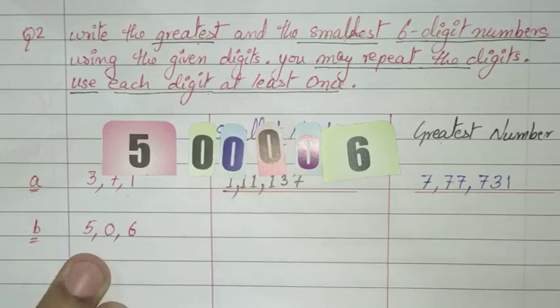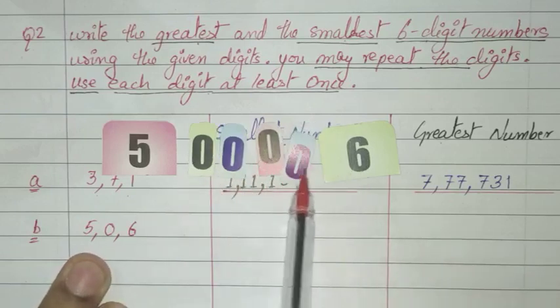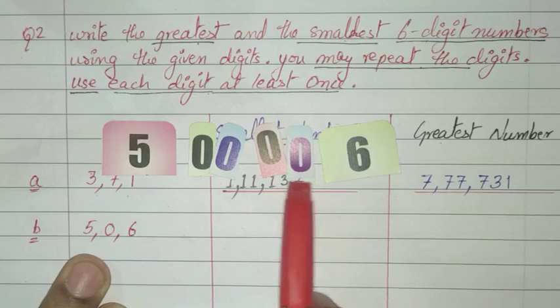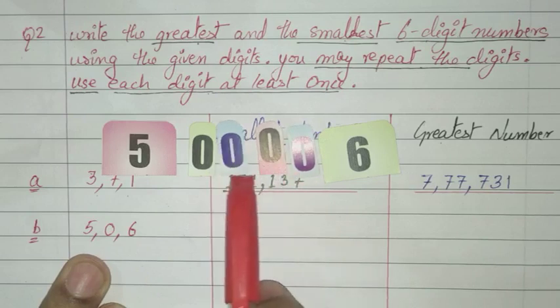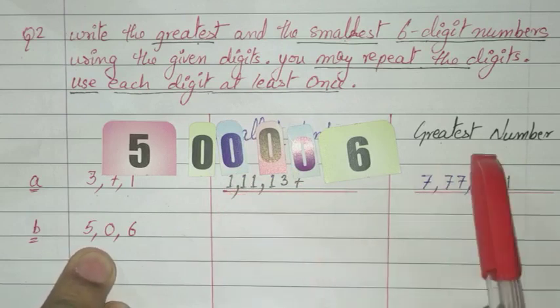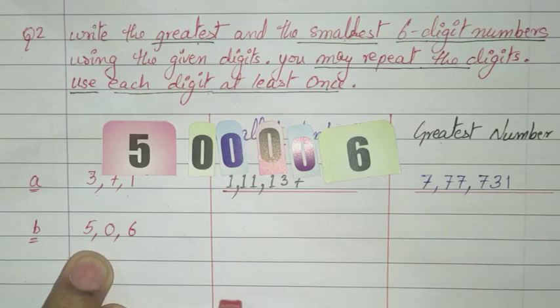Now, is this a 6-digit number? 1, 2, 3, 4, 5, 6. Yes, it is a 6-digit number. And you have repeated the 0, the smallest digit. For the smallest number, you have to repeat the smallest digit. For the greatest number, you have to repeat the greatest digit on the left.